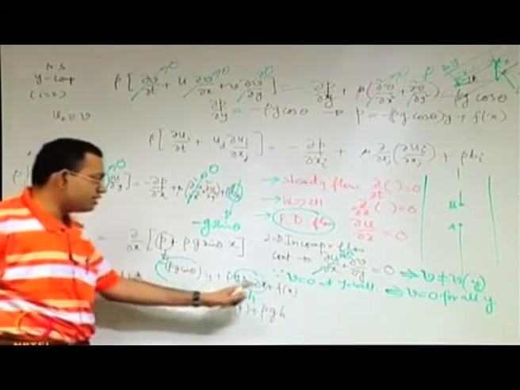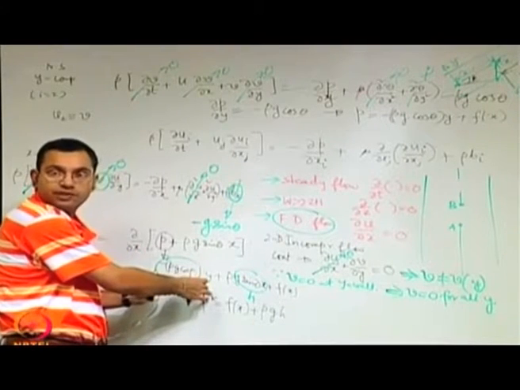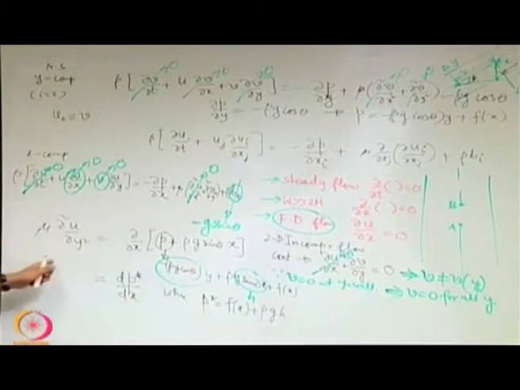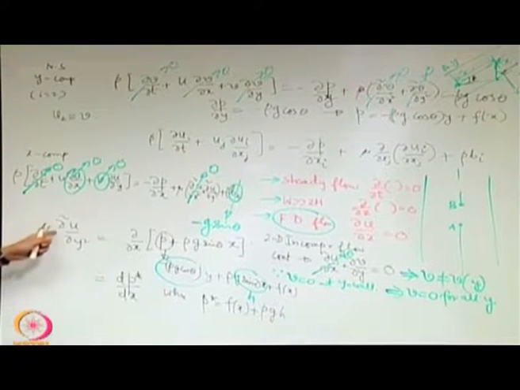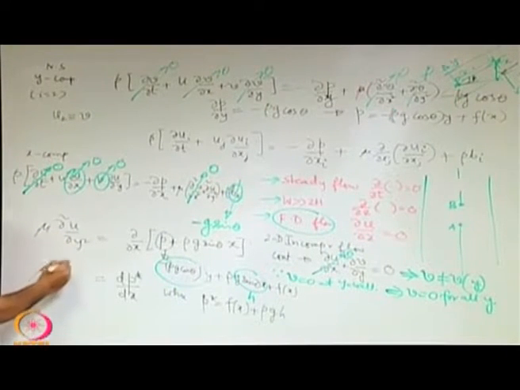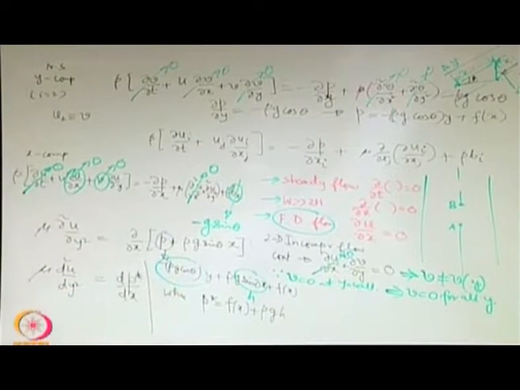The reason is clear, these are only functions of x and this becomes 0 when partially differentiated with respect to x. Left hand side, what do you get in the left hand side? See, u is a function of y only, therefore the left hand side is mu d2u dy2, okay, because u is a function of y only, so partial derivative and ordinary derivative are the same.